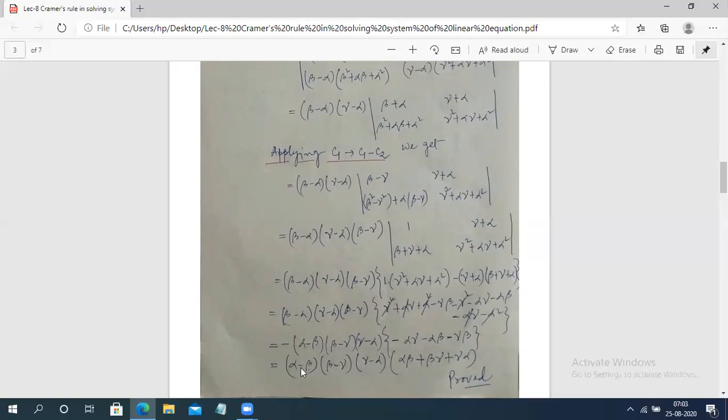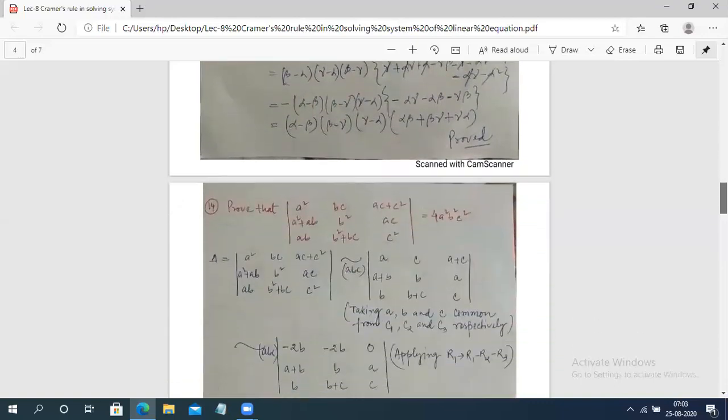Clear? This is negative of beta minus alpha, gamma minus alpha, beta minus gamma, which can be written as negative of alpha minus beta, beta minus gamma, gamma minus alpha. And then here also you can take negative sign common, so negative, negative, positive, so you will have this term. Now it is proved. Now you can see how we can do those transformations to prove our result.